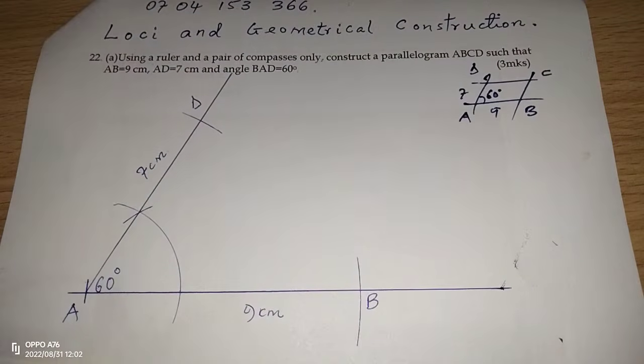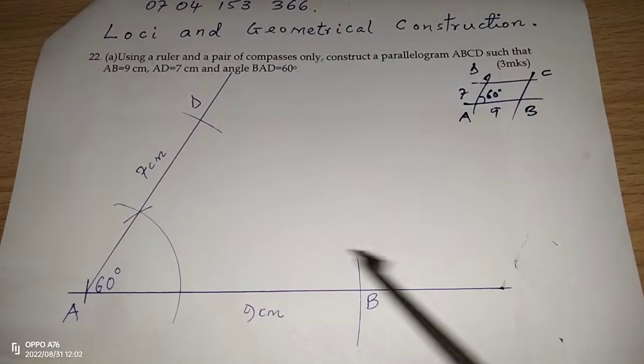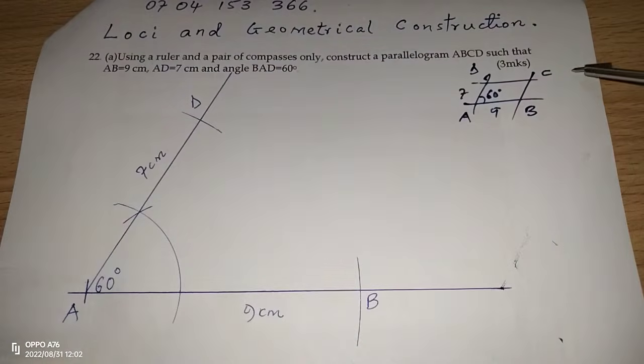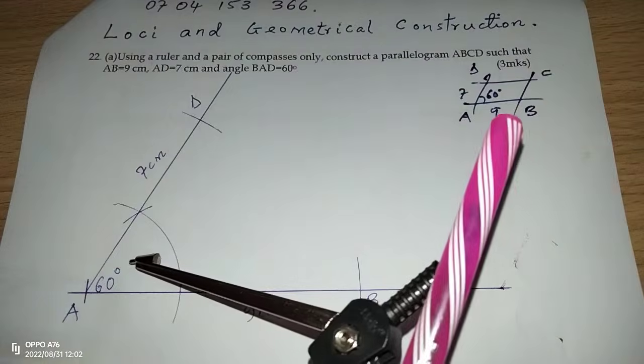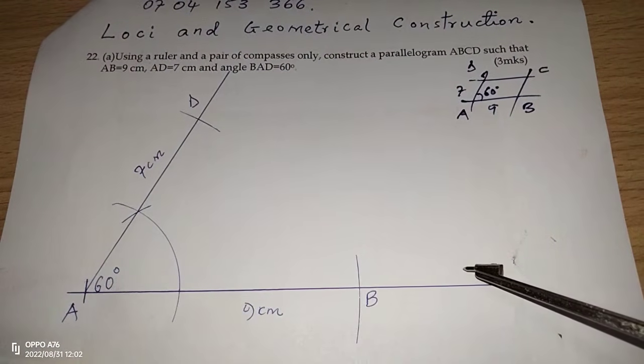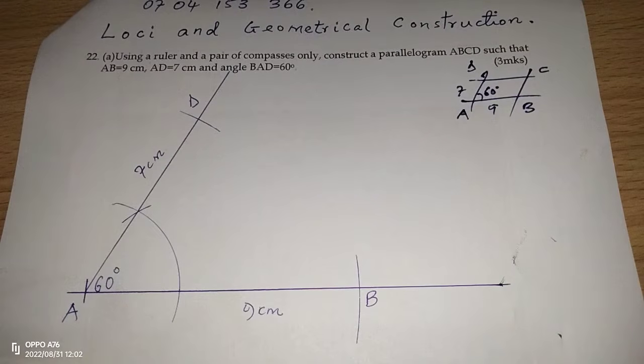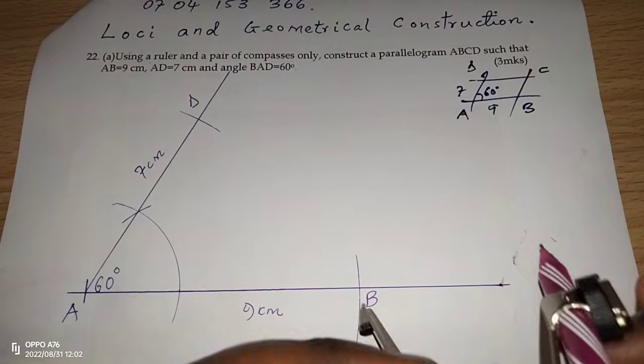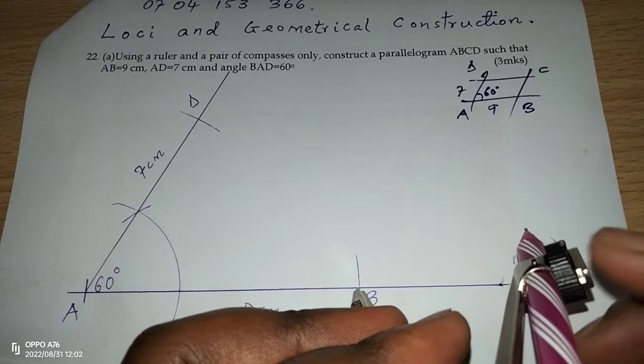This will be D because I've measured 7 centimeters. Something you should know about a parallelogram is that this line AD should be parallel to the line BC. Therefore, if we have measured 60 here, then we should construct another 60, so that now we have AD becoming parallel to BC.